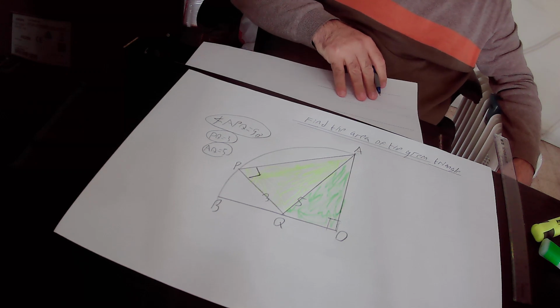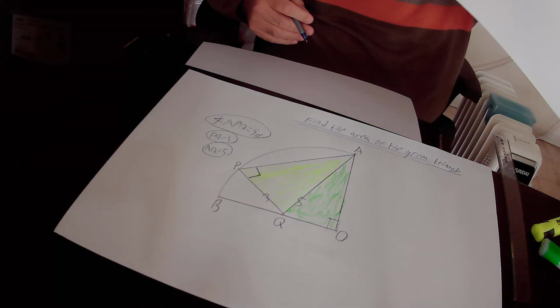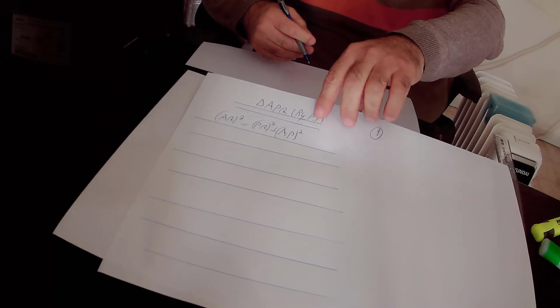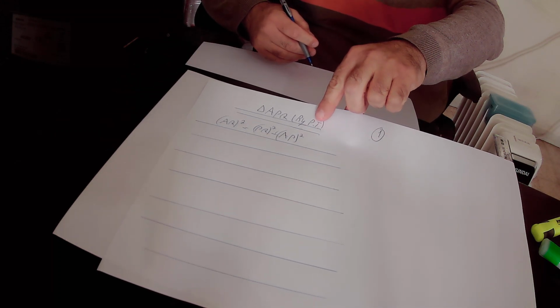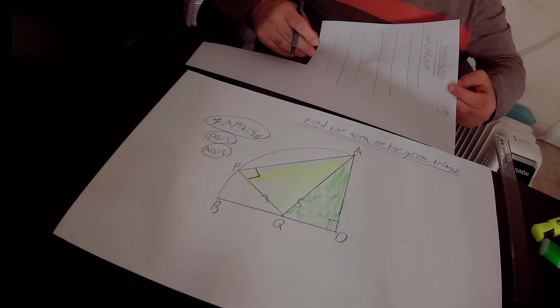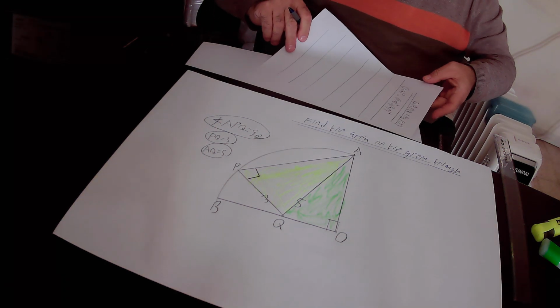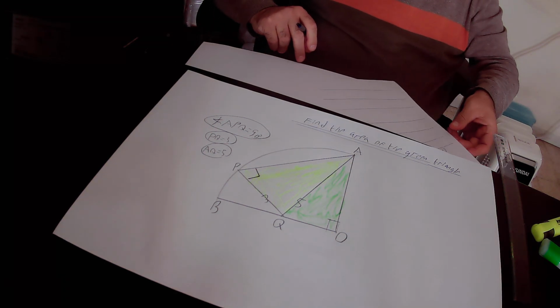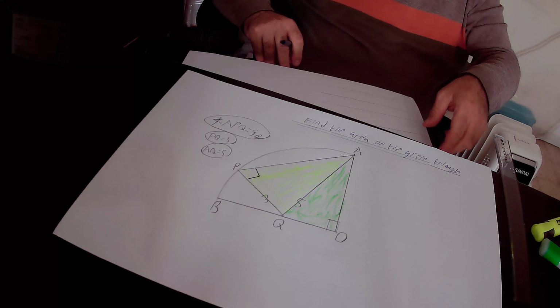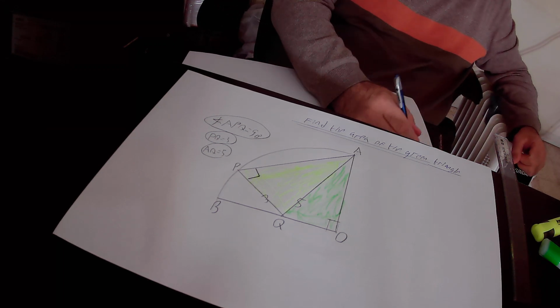Repeat again. In the right yellow triangle APQ, according to the Pythagoras theorem, AQ squared equals PQ squared plus AP squared. So AQ equals 5, therefore AQ squared is 5 squared, that is 25.